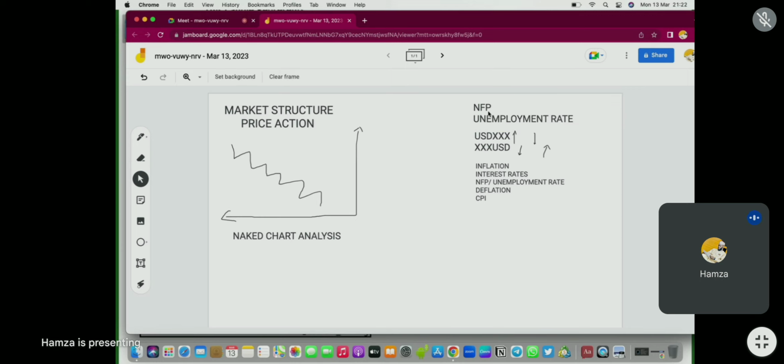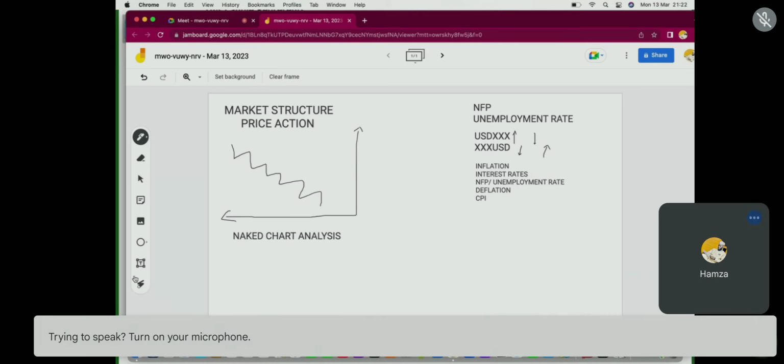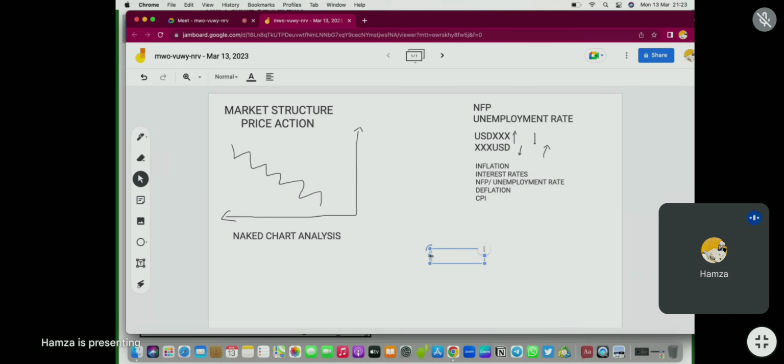But it seeks to keep track of jobs created in the United States over a month period. Guys, if the United States was able to create 100 jobs last month, but it lost 500 jobs.